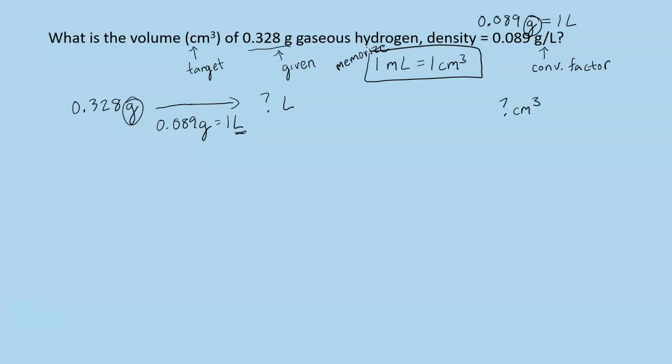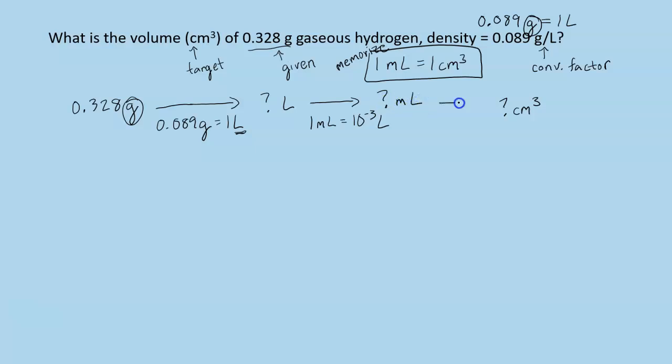Knowing that information, I do know how to get from a liter to a milliliter. Those are the metric prefixes. I know that 1 milliliter is equal to 10 to the negative third liters. And so now I can go from the liter to the milliliter.